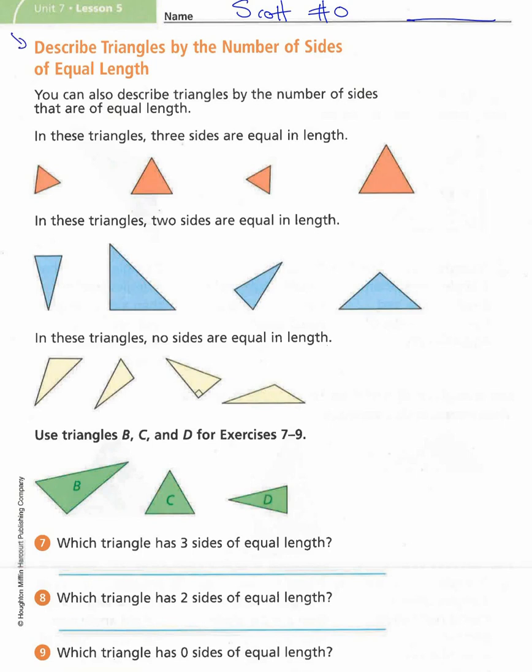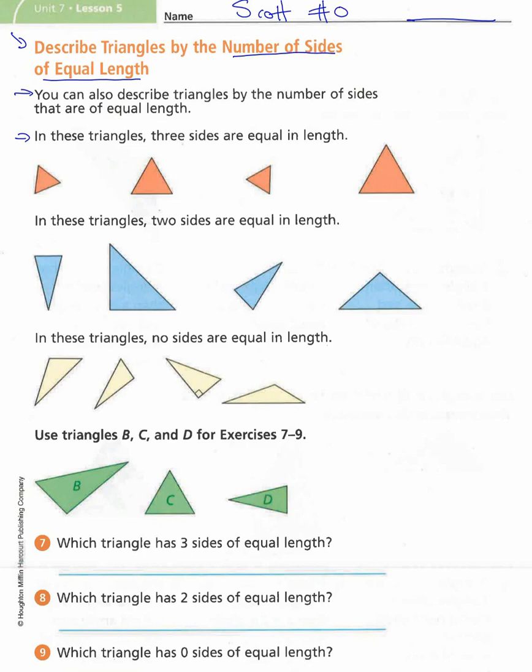All right, so on this page, we're going to tell about triangles again, but this time not by the type of angles that are inside of them, but by the number of sides of equal length. So right here it says you can also describe triangles by the number of sides that are of equal length. Equal means the same, right? So in these triangles, all three sides are of equal length.